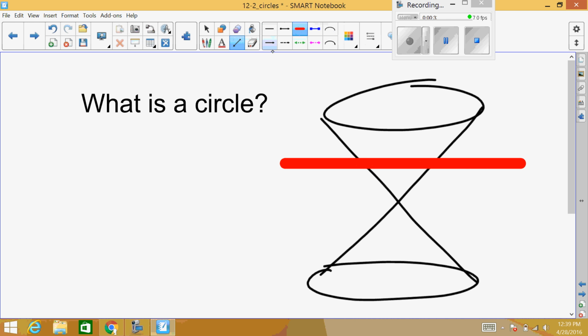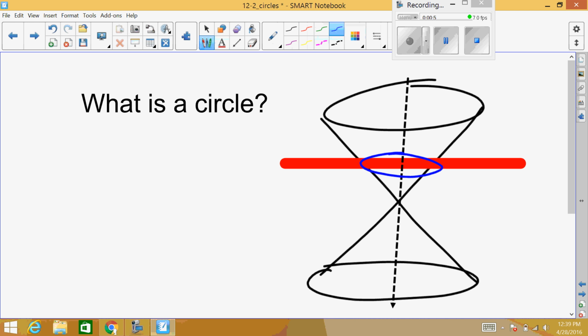Right there I've got a plane intersecting my cone, and if that plane is perpendicular to the line that goes through the center of my two cones, the axis of that cone, I should end up with an intersection that is a circle. We're drawing 3 dimensions in a 2-dimensional space, but I should end up with the intersection being a circle.